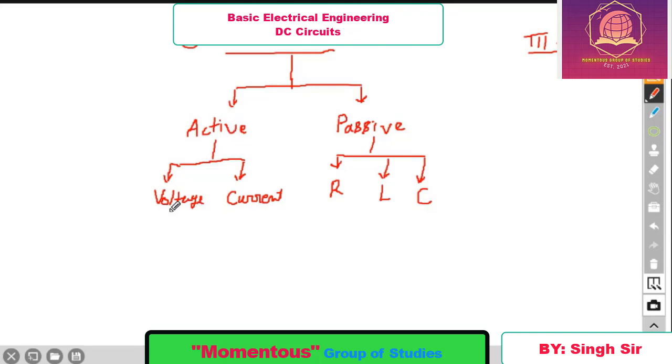Now we'll see that a voltage source can be divided into two parts: ideal voltage source and practical voltage source. Similarly, your current source can also be divided into ideal current source and practical current source.